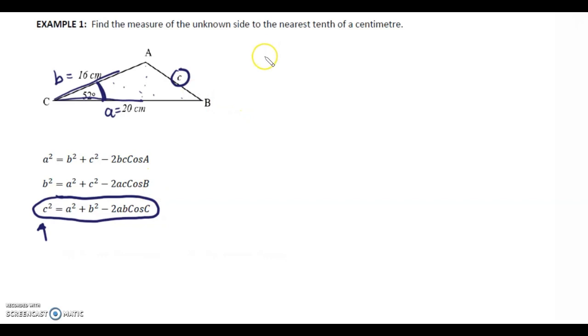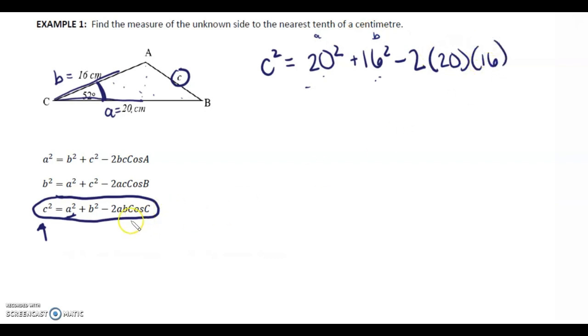So we're going to solve for C squared, and we're going to sub in A squared, which is 20 squared, plus B squared, which is 16, minus 2AB, so minus 2, and these two numbers repeat. This is A and B, so this is going to be 20, this is going to be 16, cos C. And this is angle C, which is 52.